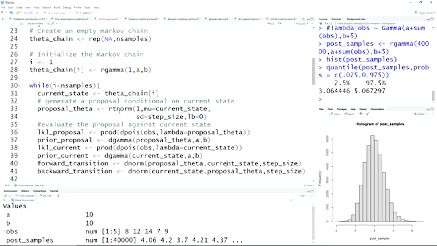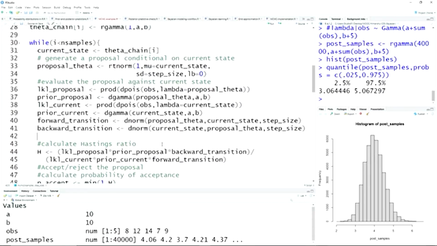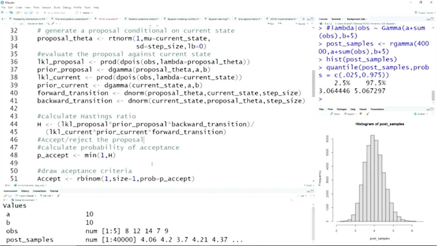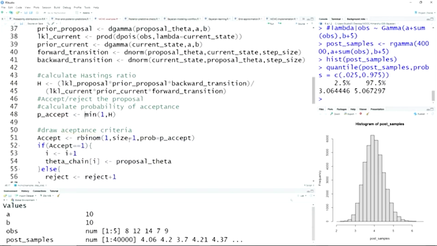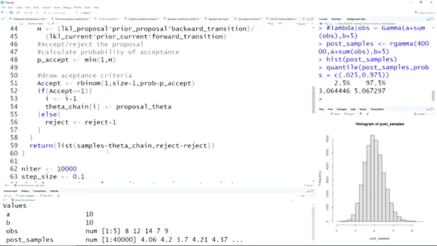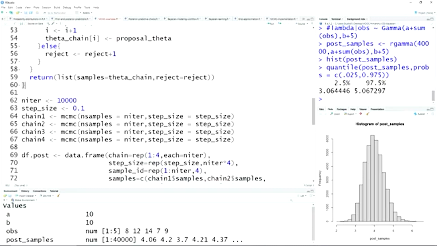Now forward transition, backward transition would basically remain the same because you haven't changed any proposal density. Now we calculate the Hastings ratio here. Okay, so that also remains the same. We calculate probability of acceptance using the minimum of 1 and H. We draw the acceptance criterion from a Bernoulli distribution, and then we accept or reject, and we move on, right? So this is the workflow, right?